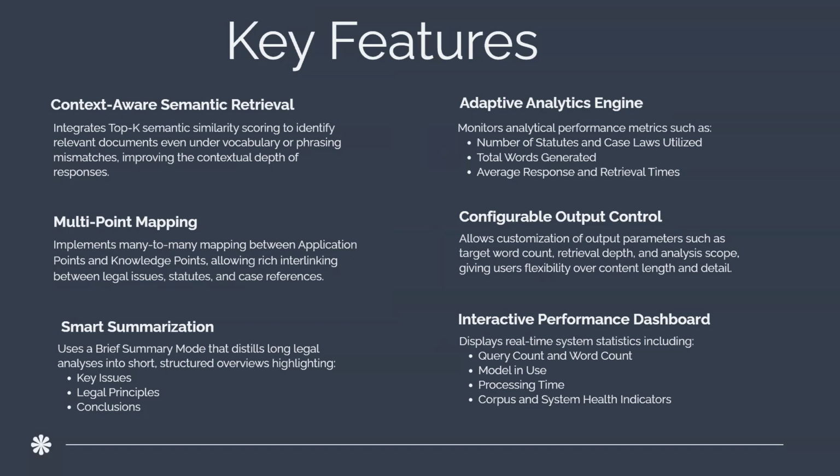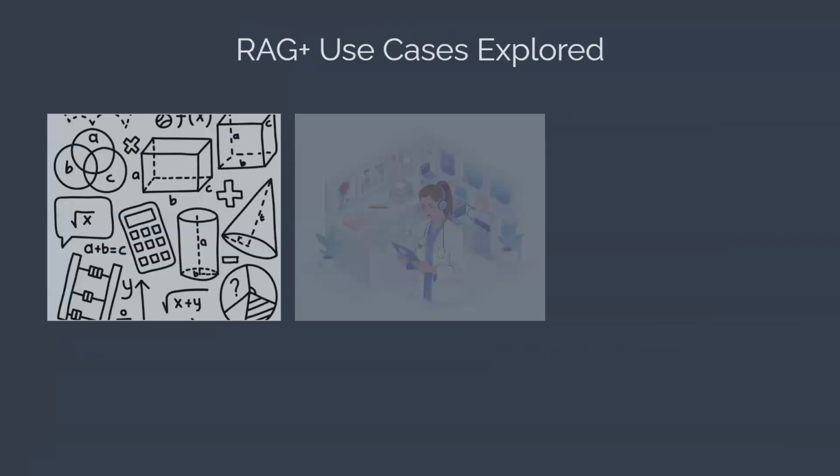We have mapped one knowledge point to many application points. We also have smart summarization, where with a single button you get the summary of what the LLM has generated. You have an adaptive analytical engine, for how many words, how many cases, or how many application and knowledge points you want. You have an interactive dashboard, which shows how many times you've used it, how much time it took and everything. And you have configurable output, which sets your targeted word count, and good transparency.